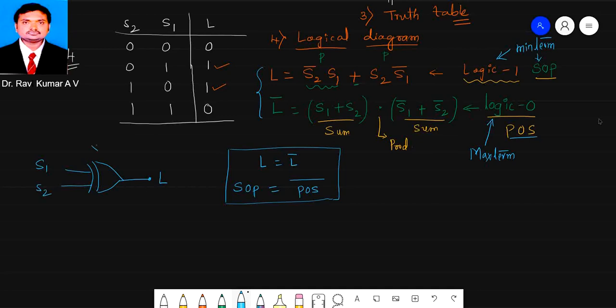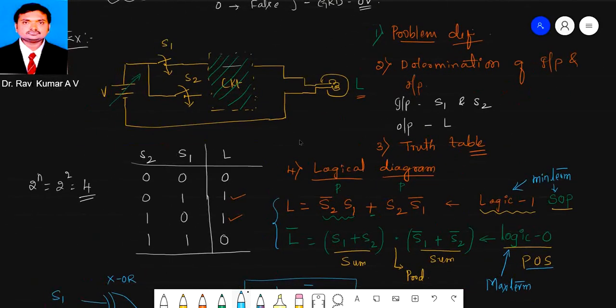So this is XOR. So in combinational circuits, you can write the XOR gate of your inputs. Then your lamp will be operated. So this is the combinational circuit that you designed here. This is what we call a combinational circuit.